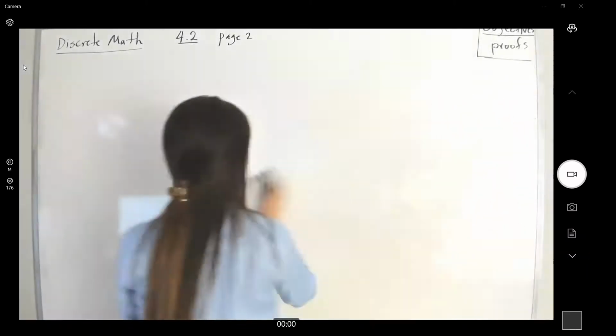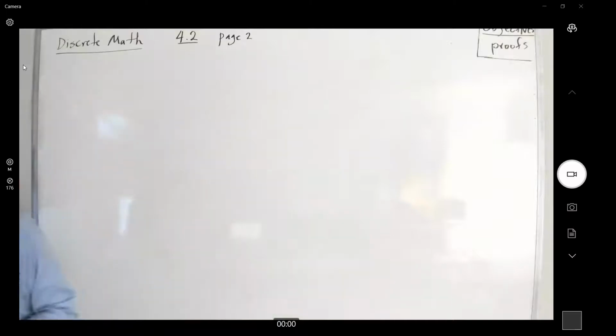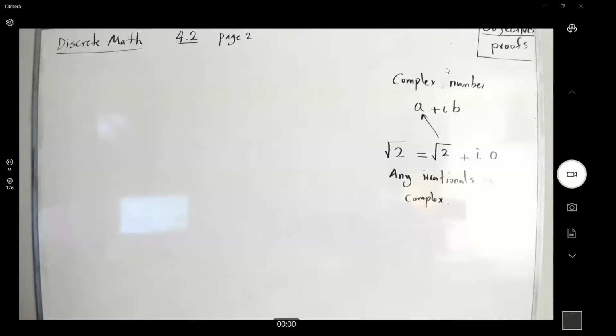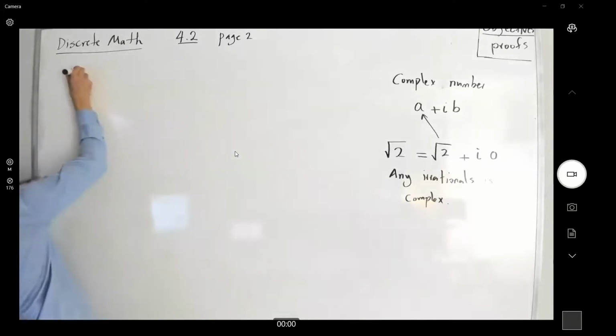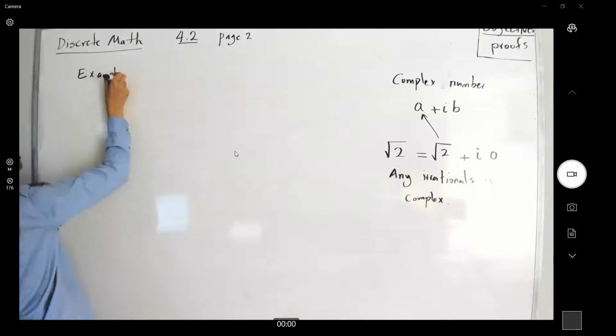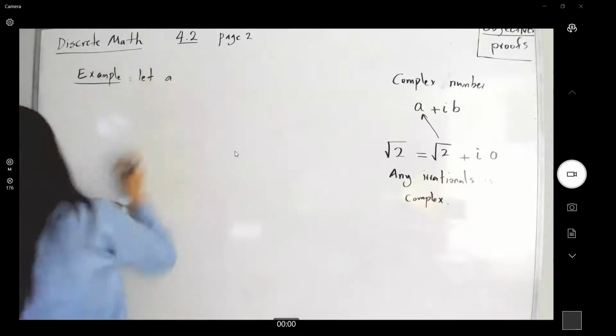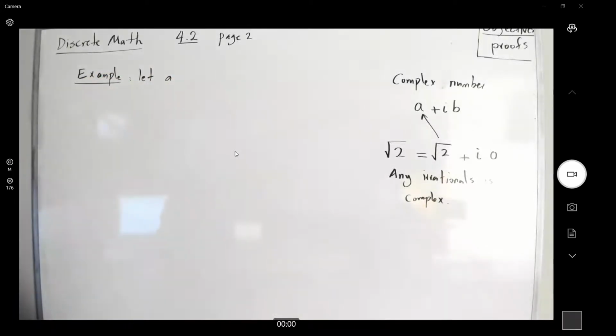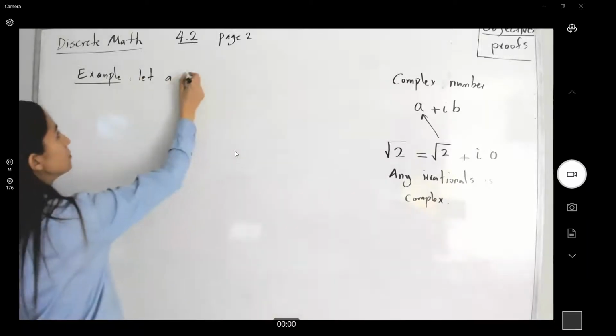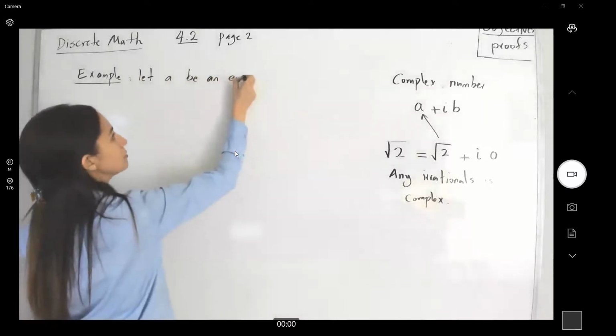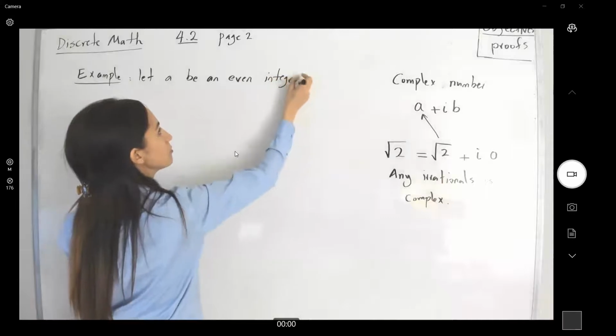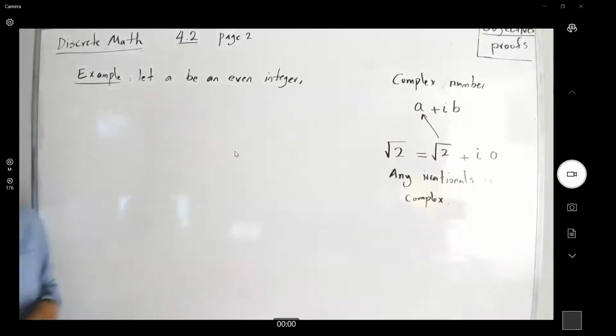Perfect. So this is an example on page 3. If A is any even integer, so example. This example says, let A be an even integer, and then B is any odd integer.